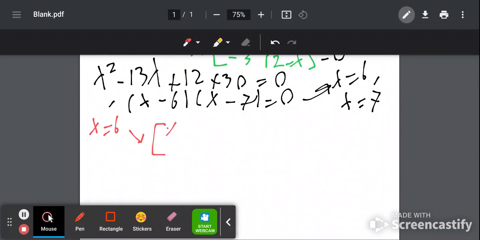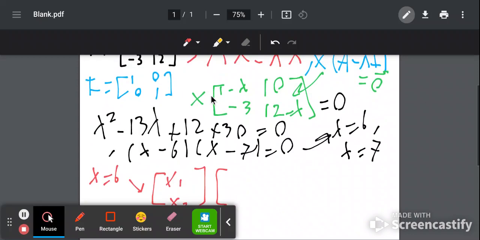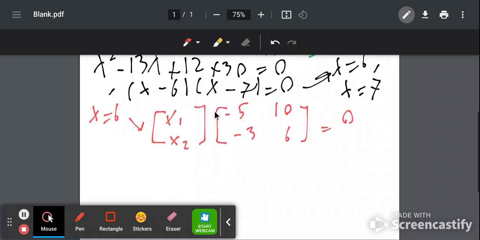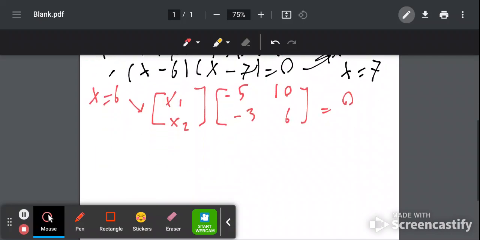So we have x1 and x2, and this is being multiplied by this matrix. Since we have the value for lambda, we can just plug in. So 1 minus 6 is negative 5, and then negative 3, 10, and then 6. And this equals 0.